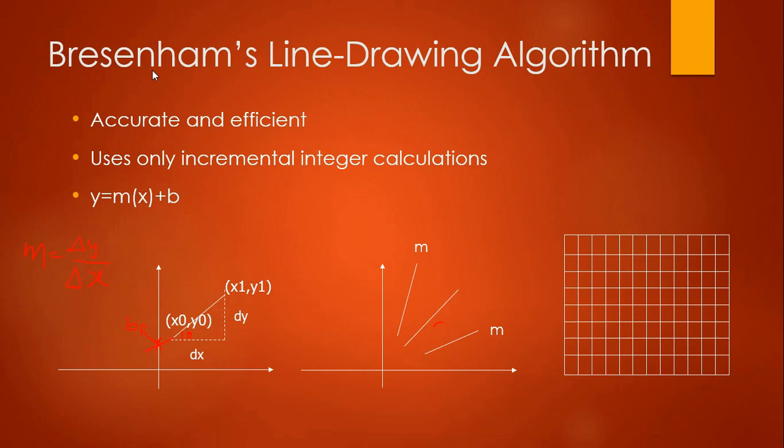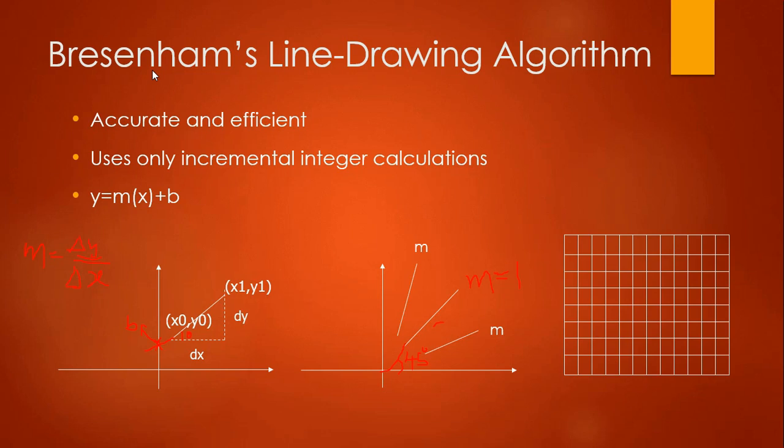Suppose m is equal to 1, when delta y divided by delta x, both differences, gives 1, then the line will have a theta value of 45 degrees. So the slope m is equal to 1, and delta y and delta x will be equal.